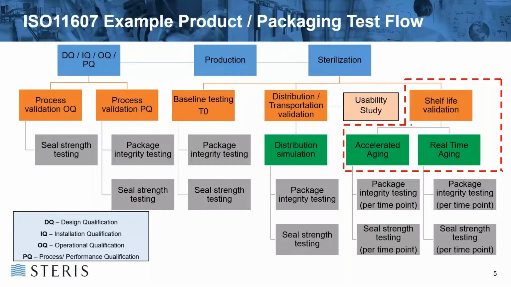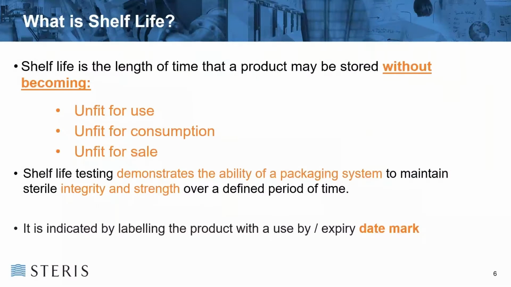You might be wondering why you need to do all this seal strength and package integrity testing all the way across. Basically, you're comparing what happened at your OQ and PQ levels to what's happening at the end of your shelf life or aging, so you can show that the seals and the integrity of the packaging have not degraded over time.